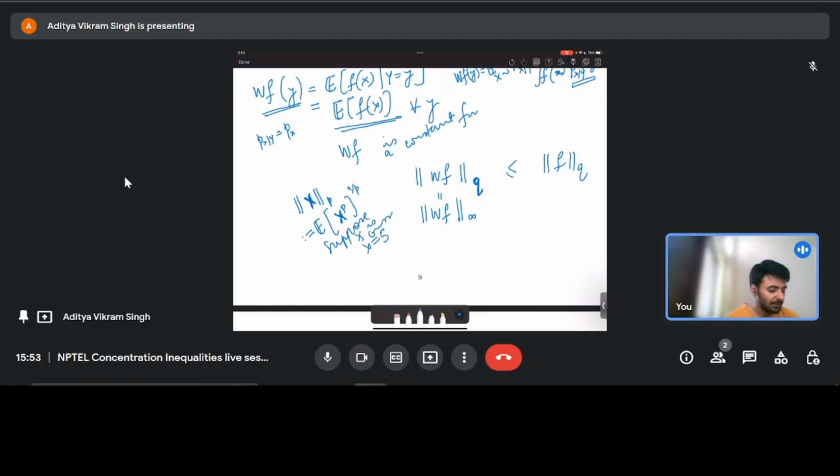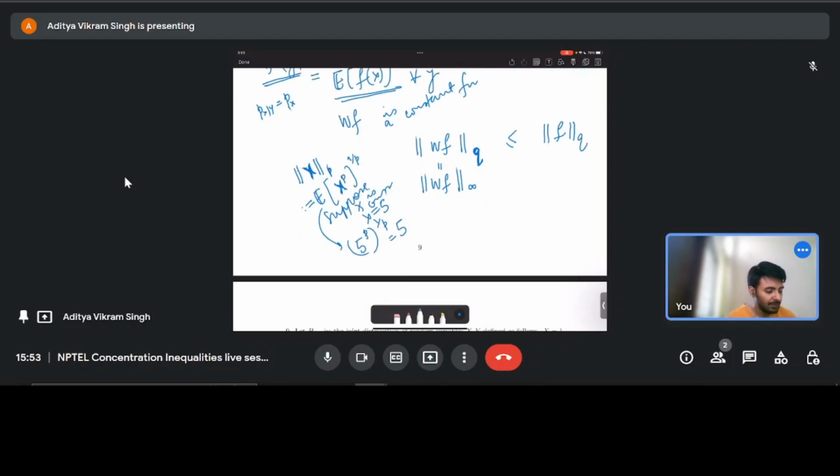Then there is no use of this expectation, because 5 to the power p times 1 by p is 5. So the pth norm of x is 5 for all p.